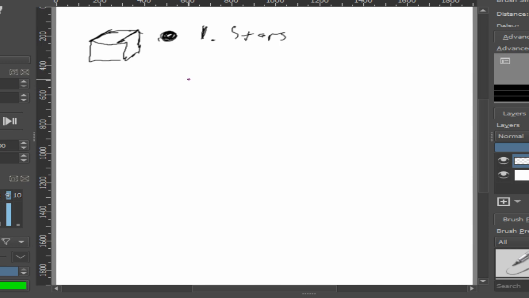But I was like, you know what? Just to test things out, in my mind I was going to have to go into Krita, like I am now, and make a diamond that I liked, and then import that diamond into Unity, and then use that. But I was like, okay, for now that sounds like a lot of work. So what I'll do is I'll just make the star prefab a ball.